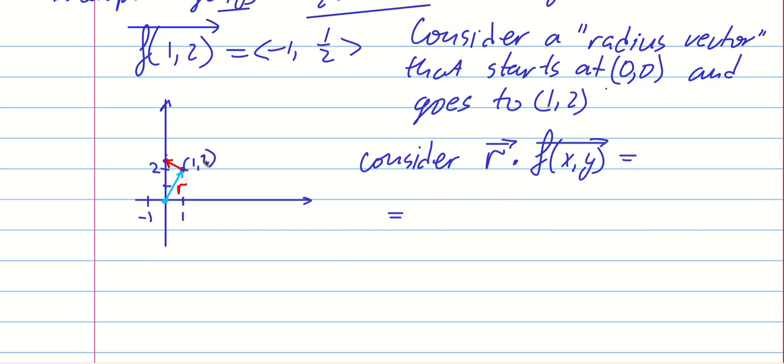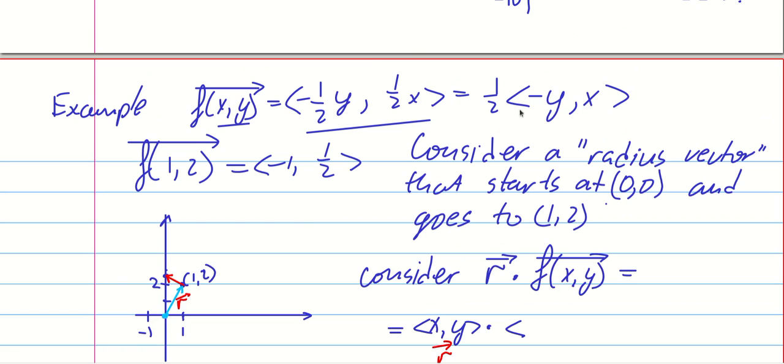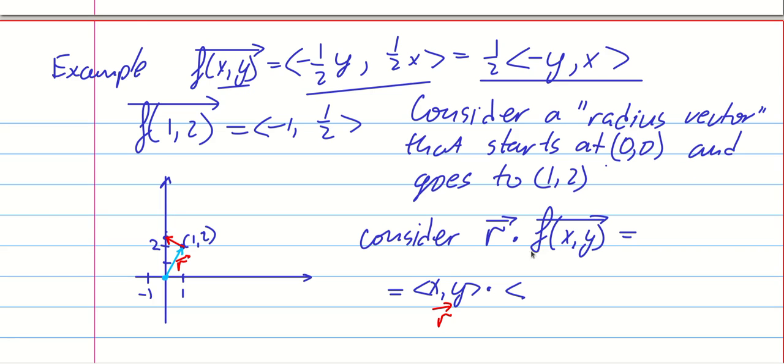R will be denoted by x and y. So we have x, y, that's our r vector. We can probably put a little arrow over here. So we put a dot. And what is our f of xy? Our f of xy is this, right? So we can say negative 1/2 y, 1/2 x.